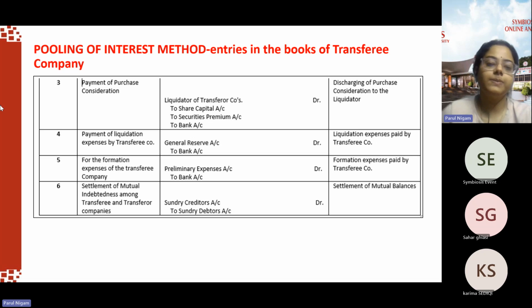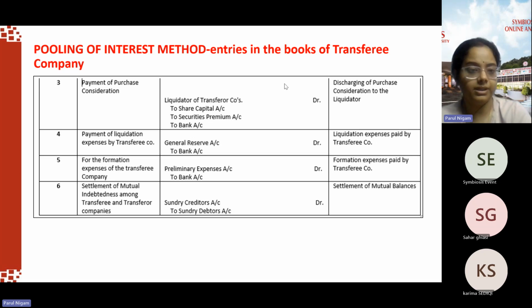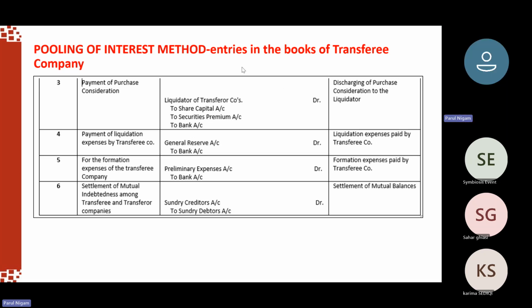Liquidation expenses will always be debited from your reserves account, general reserve account, because eventually they are saved for these sorts of purposes only. They are not for general uses. But general reserve can be used in exceptional situations where you need to pay off the money, for uncertainties or for any sort of unexpected expenses which come to the company.